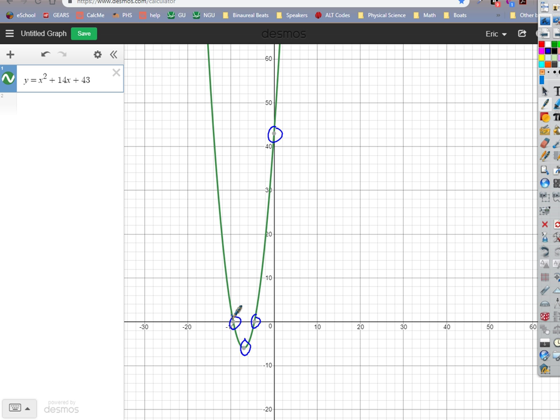So that's Desmos' way of communicating that, yeah, okay, you want some more information about this green function. Why are those points all important? What's so special about that one? It's a y-intercept, right? So Desmos predicts that you might want it, that's an important point on the function, so it makes it available to you. What about those two? What's significant about those two? Those are x-intercepts. Those are the ones that cross the x-axis, which is y equals 0.